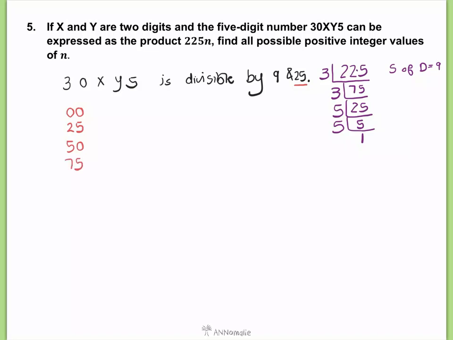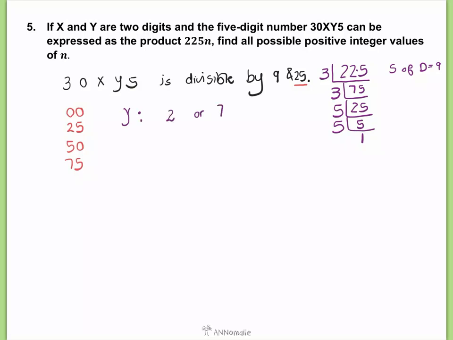These are the last 2 digits of a number that is divisible by 25. We can test that by saying 25 times 1, 25 times 2, 25 times 3, 25 times 4, and then the pattern starts repeating again. So that means that y could potentially be either a 2 or a 7.